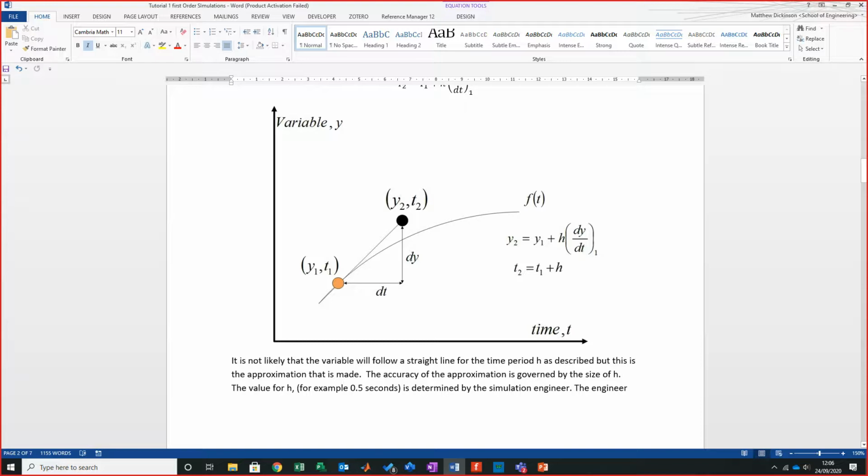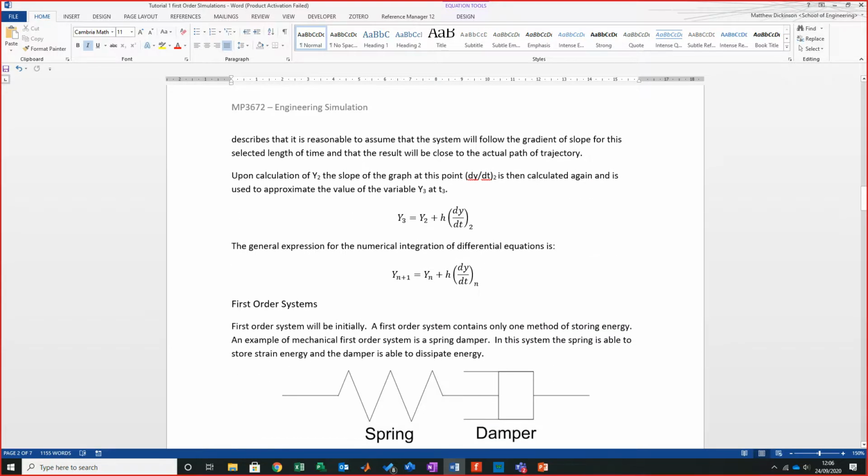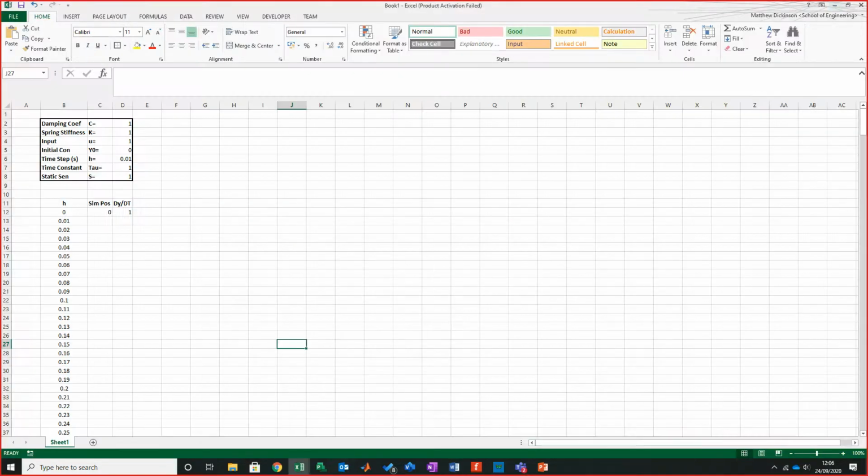So our new position is equal to the former position of y, plus the time step, all multiplied by dy by dt and the value of 1. So what I mean here is, if you look here, it's the number of where we're sitting, so it's the former step. So that's all it's actually referring to.